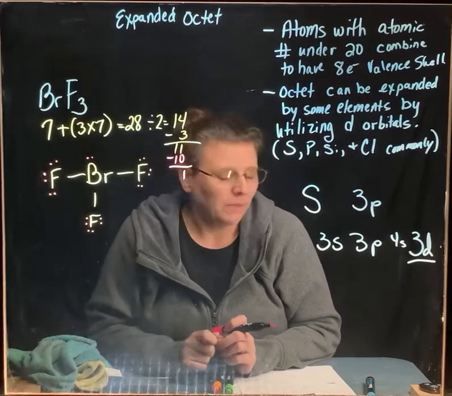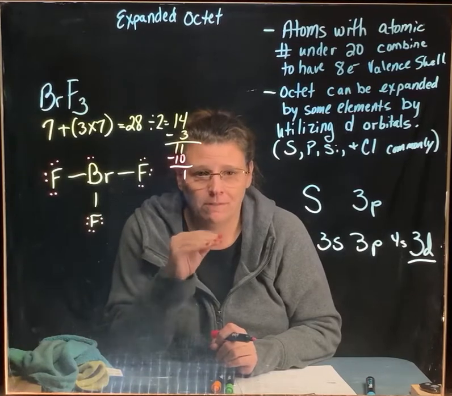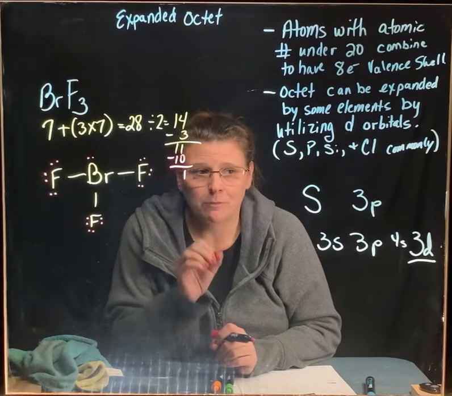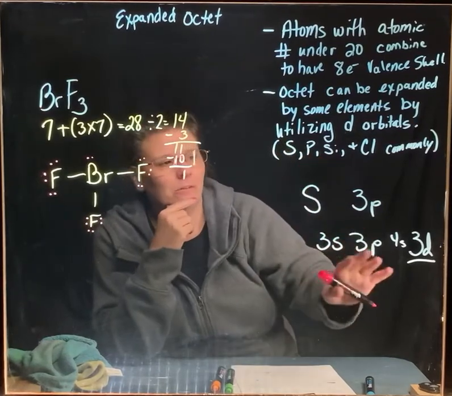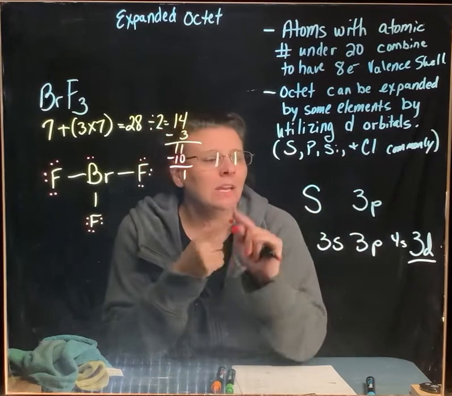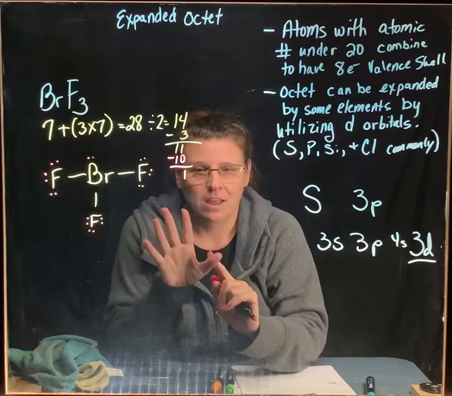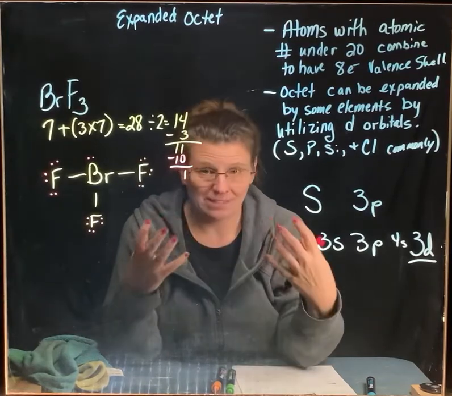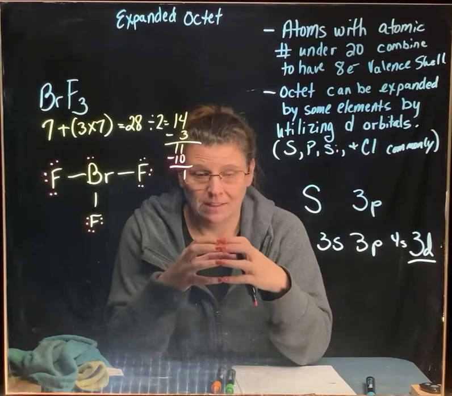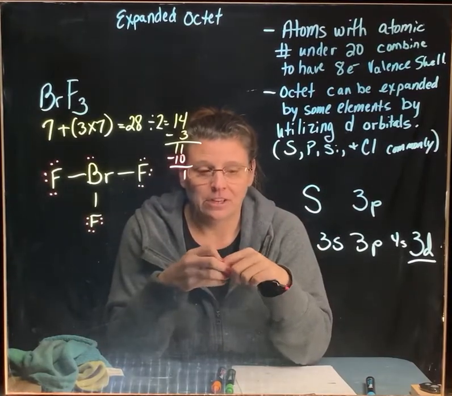We have one more, and bromine, is it in energy level 3, 4, 5, 6, or 7? If you look on the periodic table, it's in energy level 4. And one thing I forgot to tell you over here is that anything in energy level 3, 4, 5, 6, or 7 could expand its octet because of the access to the d orbitals that are in the energy level below it.